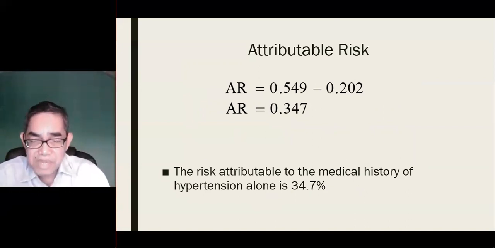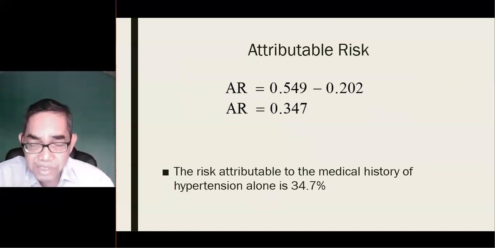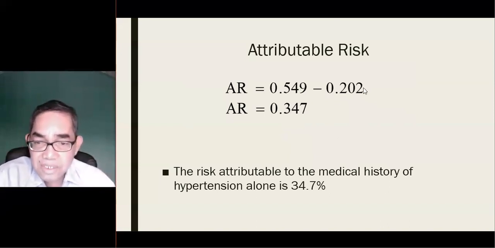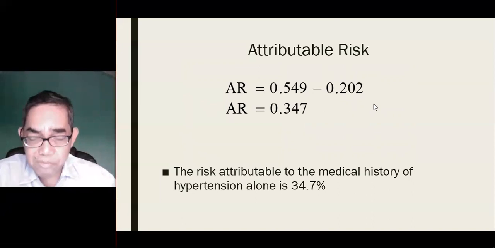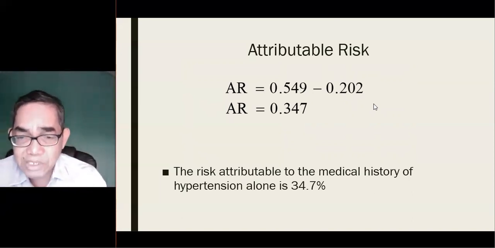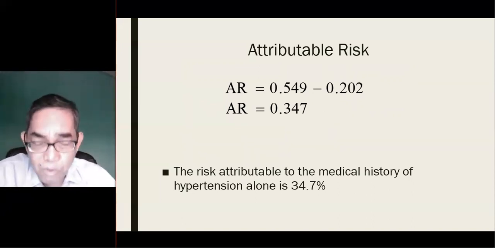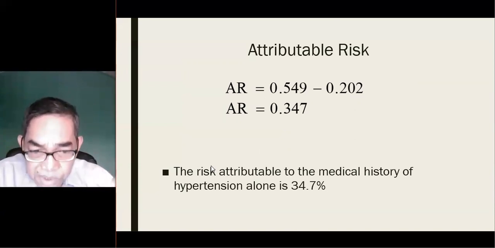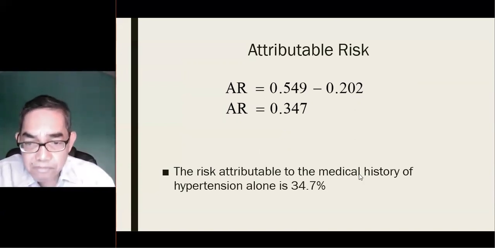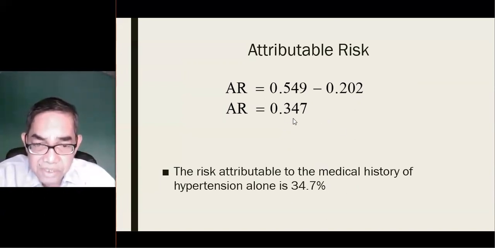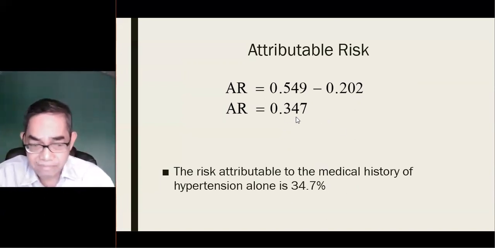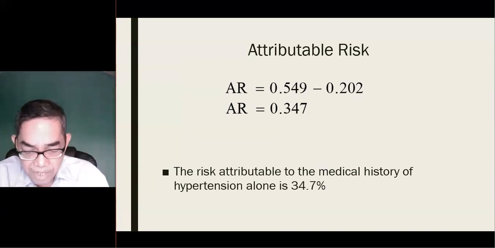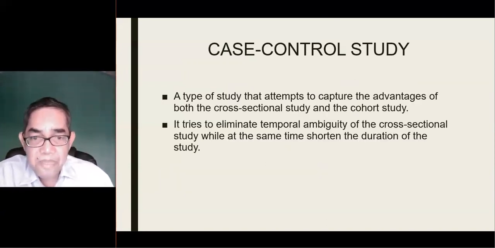So that is the meaning of attributable risk. We need to deduct this number because even those without medical history of hypertension can develop stroke as well. So what is attributable to medical history of hypertension alone is the difference, 34.7.